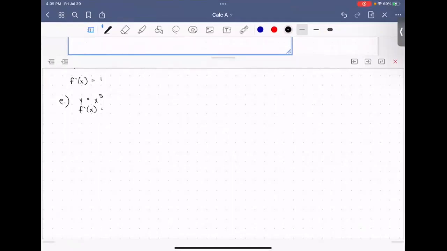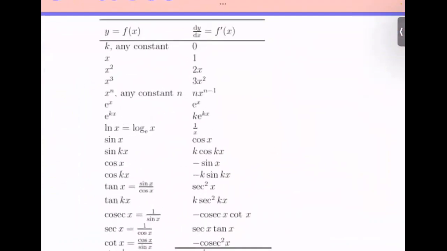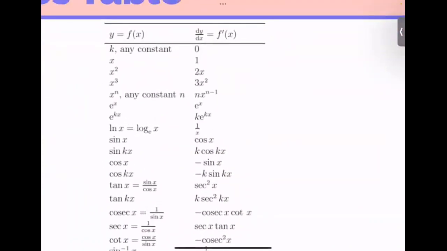So let's go over here. If you look at the table on the left column, it's going k, x, x squared, x cubed, x to the n for any constant n. So it's saying that any number n has this following rule to be the derivative: n times x to the n minus 1 power.